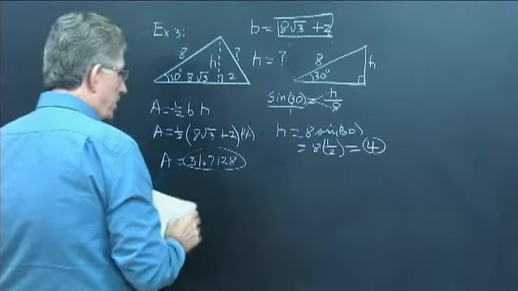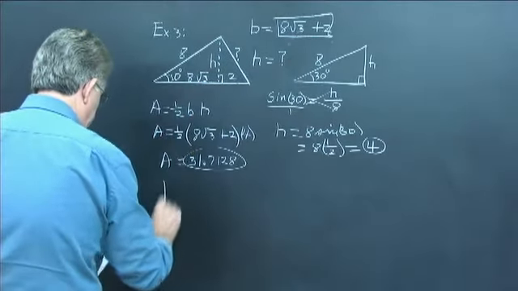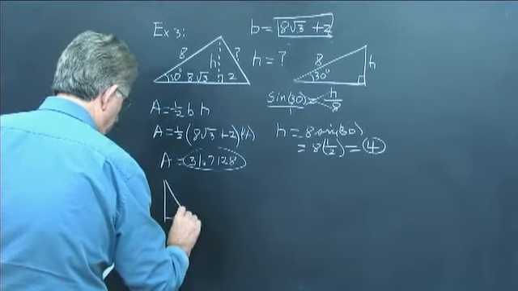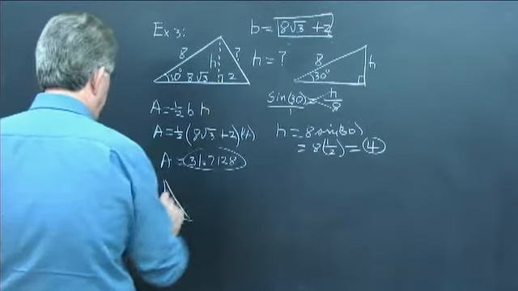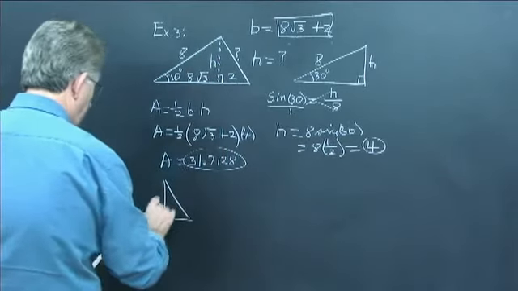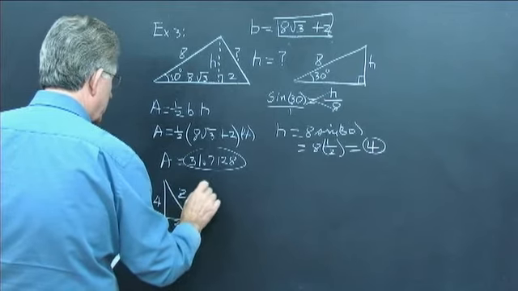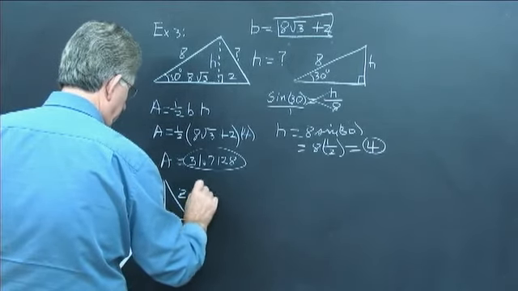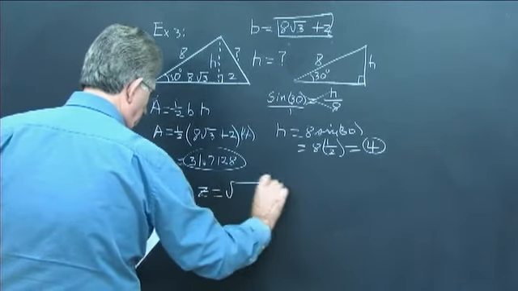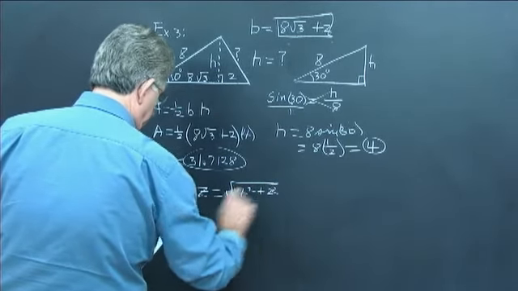Now, we still need to find the perimeter, and we don't know that side. So this is what we're going to do. To find that side, let's come down here, and let's draw a little triangle, that triangle there. So the H is 4. This is 2. So let's call this Z. So that's going to be easy to find with the Pythagorean theorem. It's the square root of 4 squared plus 2 squared.